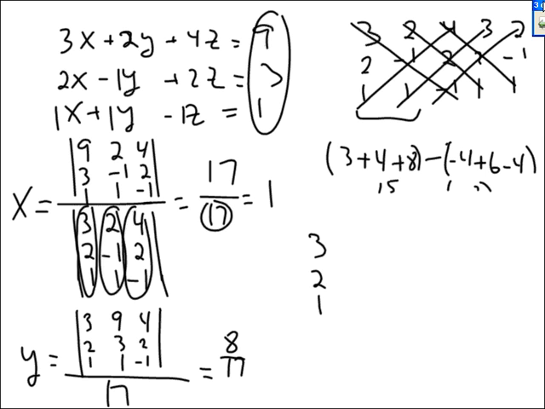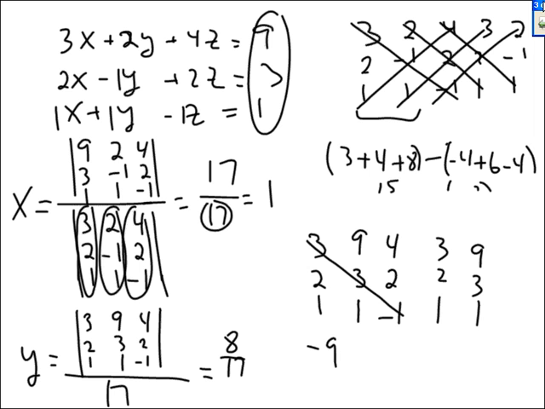3, 2, 1 is the coefficient of x. Since I'm solving for y, I put the right-hand numbers, and z, I put the z numbers, 4, 2, negative 1. And I repeat the first column, and repeat the second column. 3 times 3 is 9.